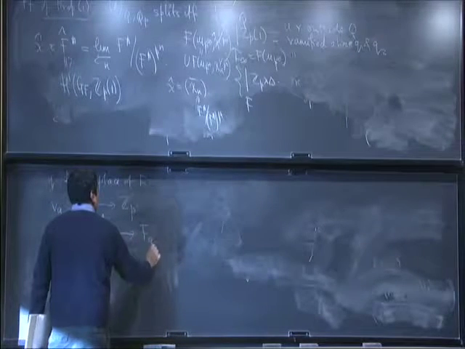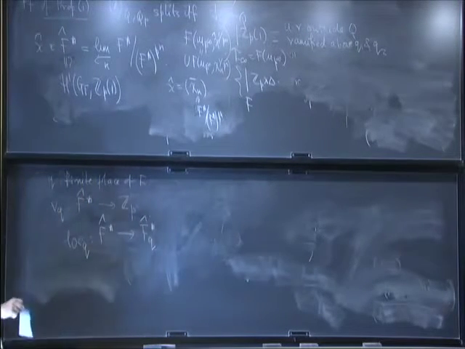So I look at the completion of F at q, and look at its hat again. You have this localization map.